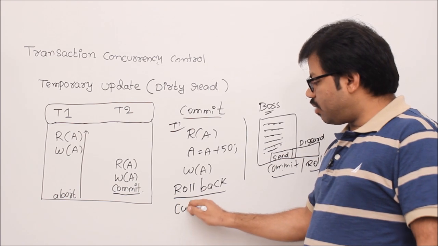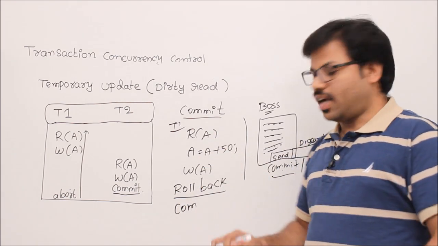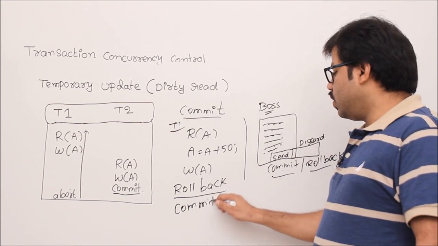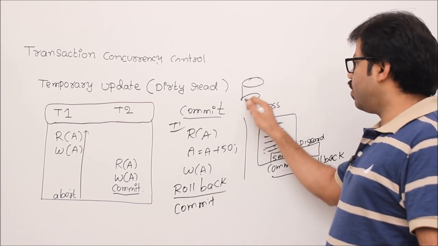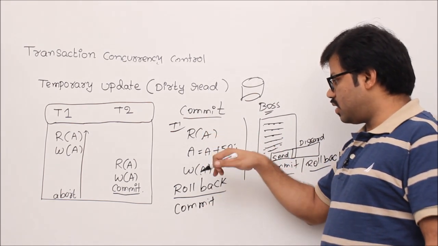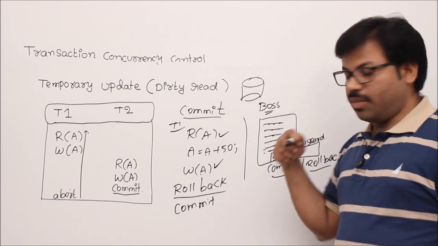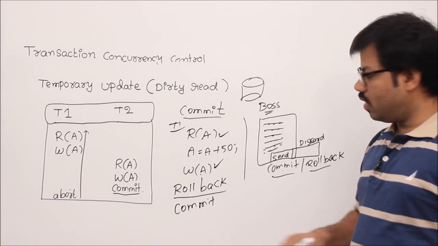Otherwise you write commit, that means you know that this series of instructions is perfect and you want to see them on your database permanently. Whatever happens, anything can happen, but if you want the actions you have performed to be permanent, then go for commit.